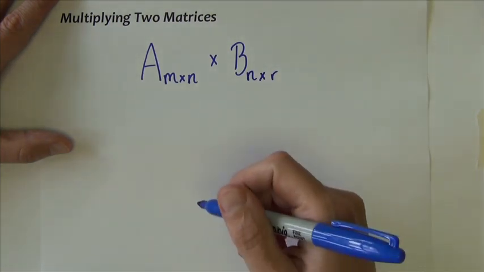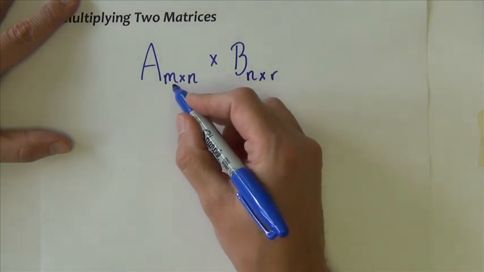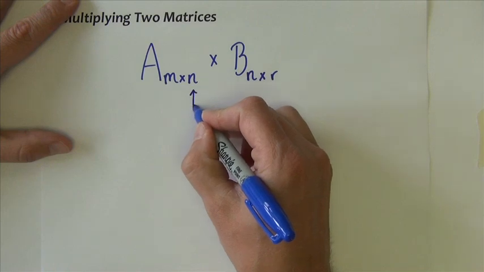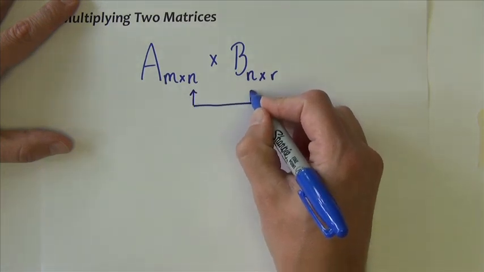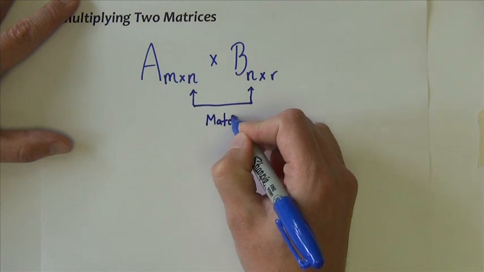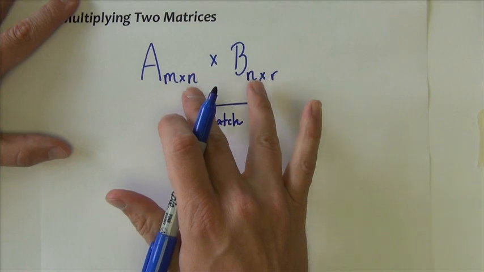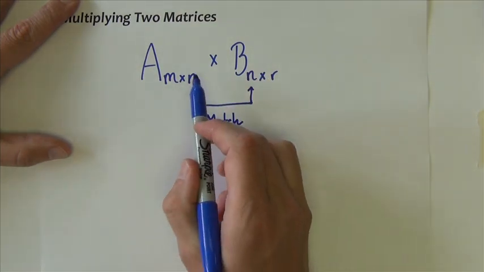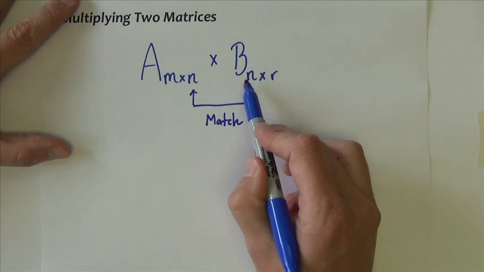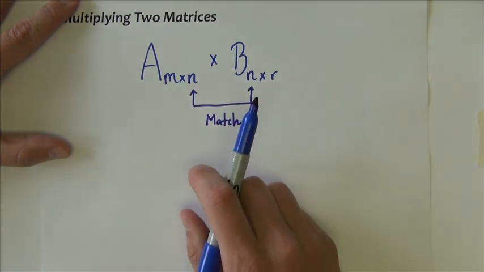In order to multiply two matrices together, matrix A and matrix B, with these respective dimensions, what has to happen is the inner dimensions must match. If these do not match, that is the number of columns here and the number of rows on this one, if those numbers are not the same number, you cannot multiply matrices together.